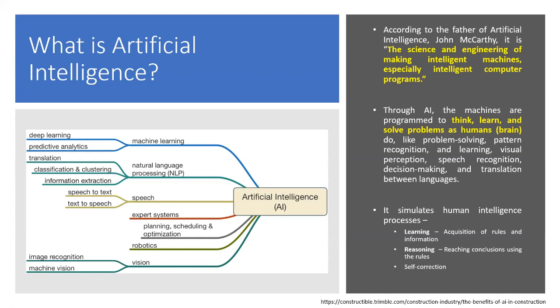Nowadays, even Swiggy and Zomato have chatbots. You go to any website, they will say, "May I help you?" Then you type something, and there will be an automatic reply. That is based on natural language processing. Then speech recognition, speech translation, speech to text, text to speech, vision, image recognition, machine vision, computer vision. These are the branches of artificial intelligence. And under machine learning, we have two branches, deep learning and predictive analytics, which is nowadays very trending in the market.